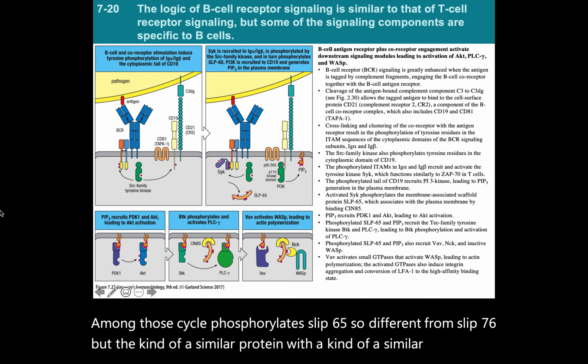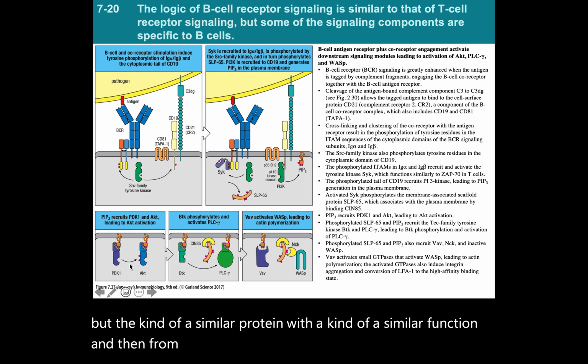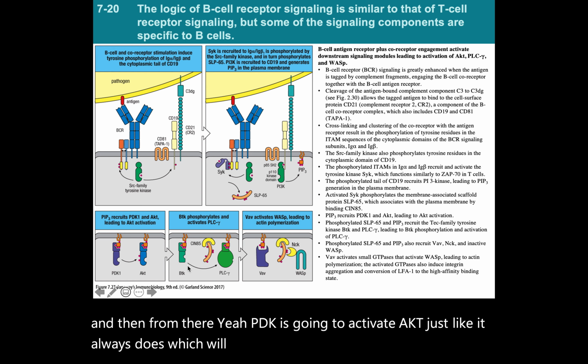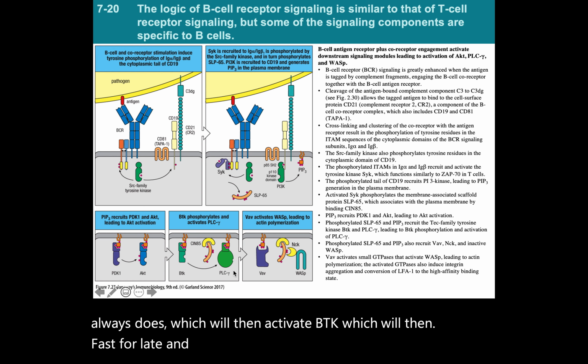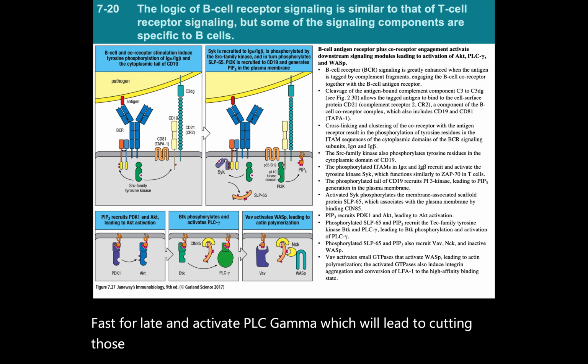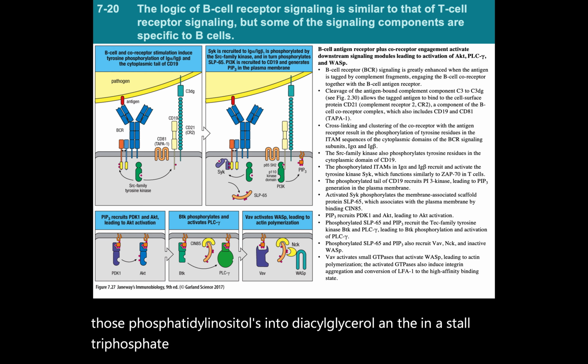And then from there, PDK is going to activate AKT, just like it always does, which will then activate BTK, which will then phosphorylate and activate PLC gamma, which will lead to cutting those phosphatidylinositols into diacylglycerol and the inositol triphosphate molecule, and those will then go off and signal.